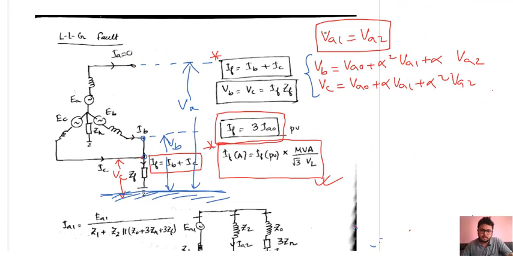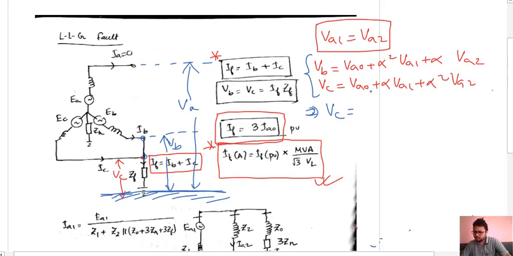We already got VA1 equal to VA2, and we know that if we break VB we will get this equation, and if we break VC we will get this equation. Now let us solve for VC.